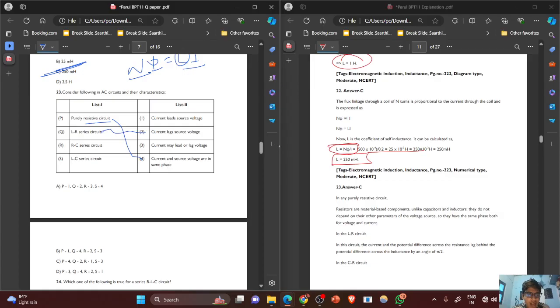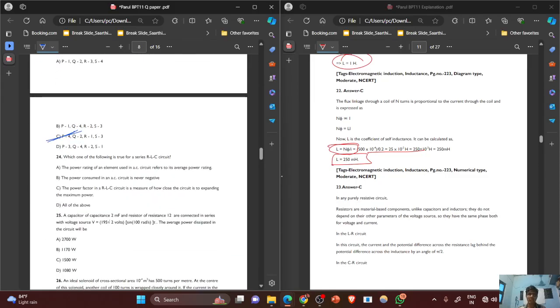In the LC circuit, resonance occurs, so it may be possible that current may lead or lag. So the correct option will be option number C. It's again a theoretical question, not a numerical.